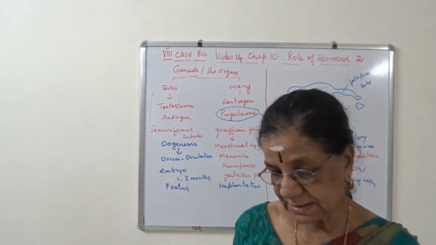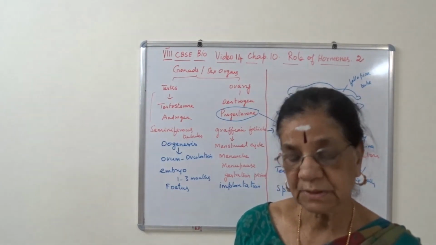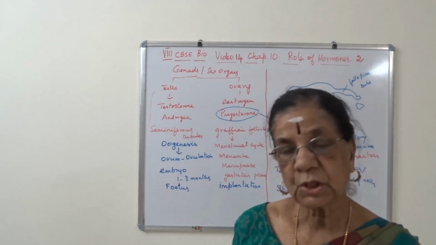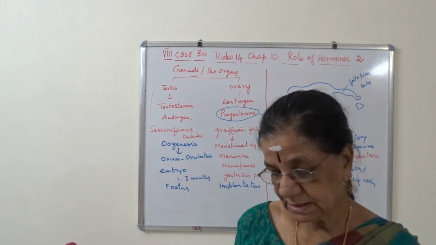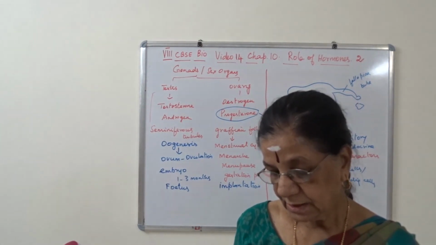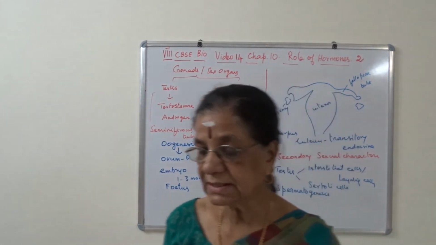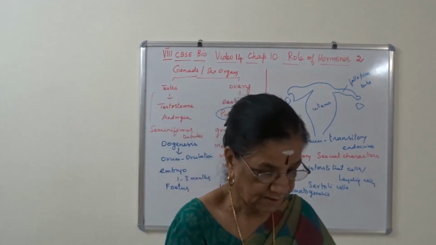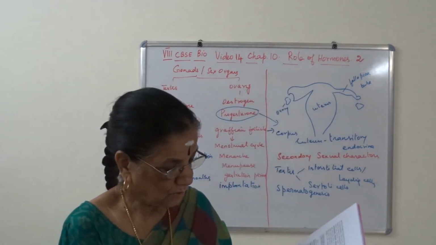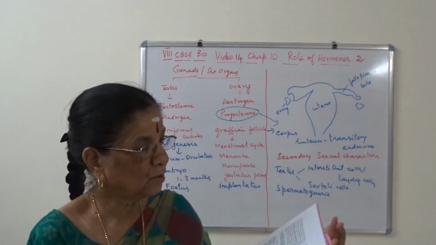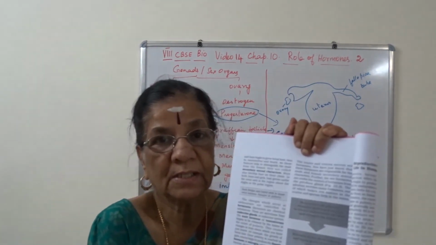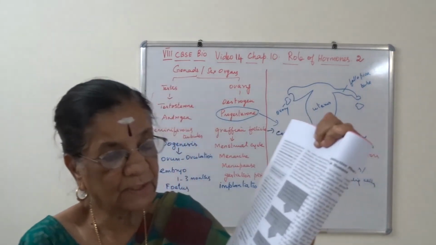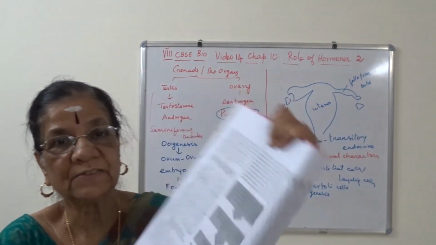Endocrine gland releases hormone into the bloodstream to reach a particular part called target site. Okay, target site responds to the hormone. There are many endocrine glands or ductless glands in our body. Okay, now this flow chart you should know, given in our textbook on page 117.